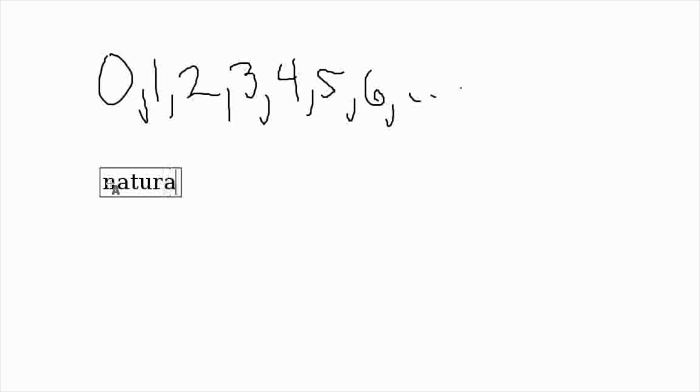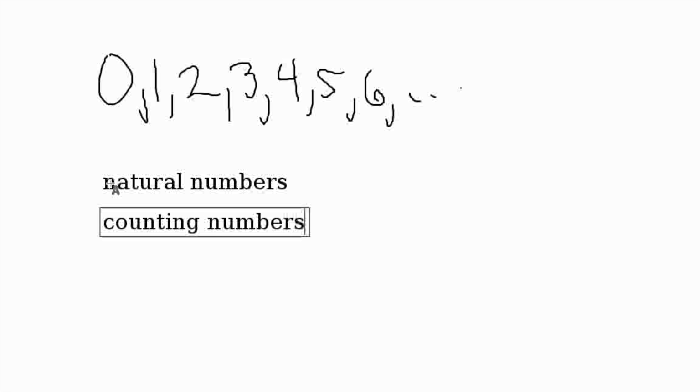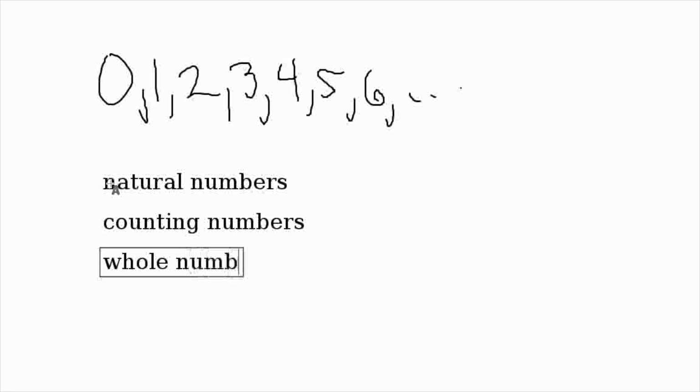Let me write all those down. Natural numbers, counting numbers, and whole numbers. Those all mean the same thing. Now, with one little comment: the definition sometimes includes 0 and sometimes it does not.